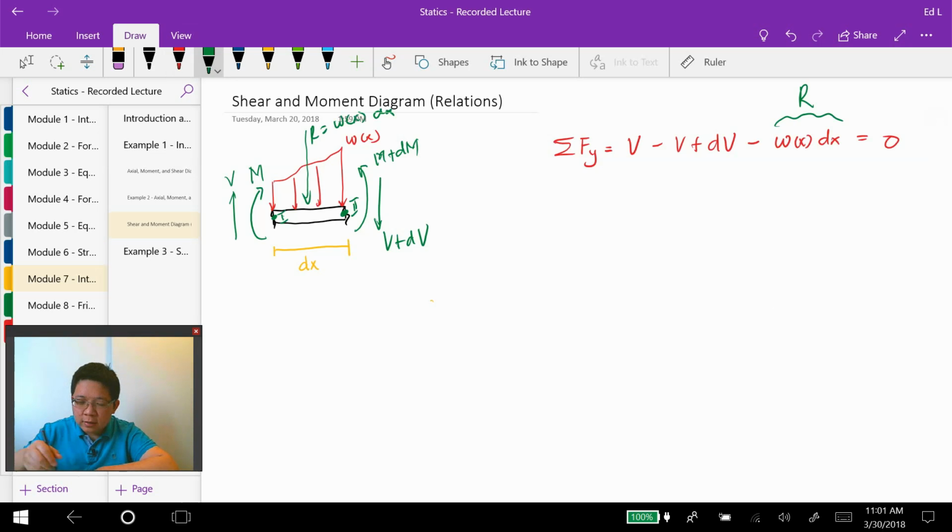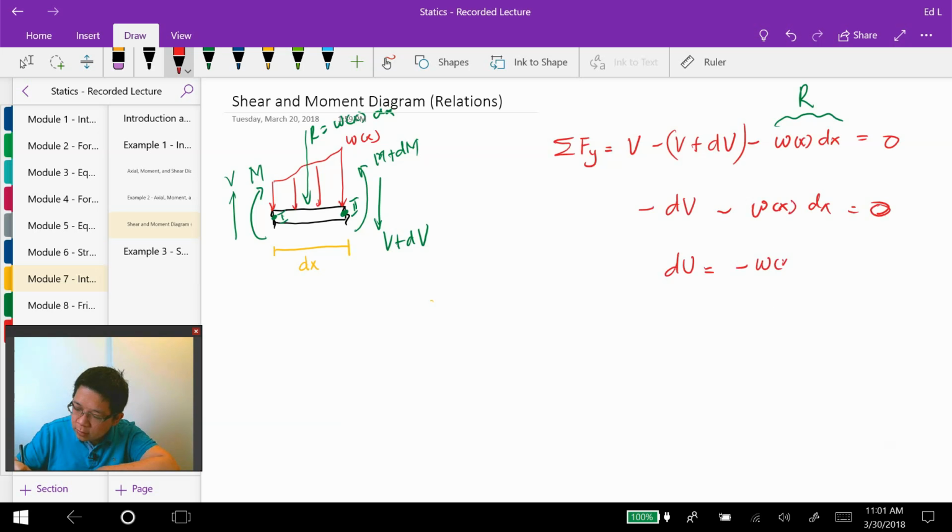As we simplify these expressions, we obtain negative dV minus w(x) dx equals 0. So dV is equal to negative w(x) dx, and we obtain that dV/dx is equal to negative w(x).